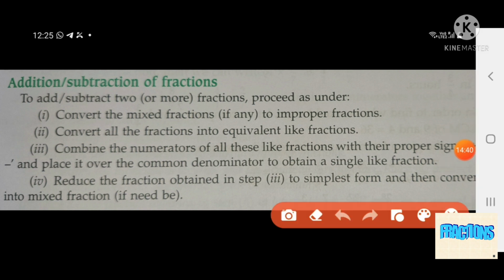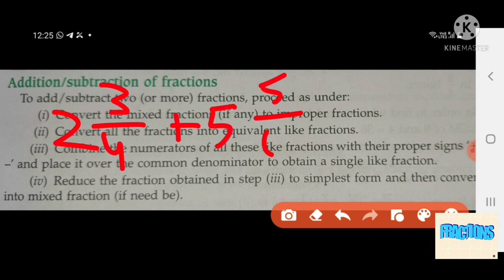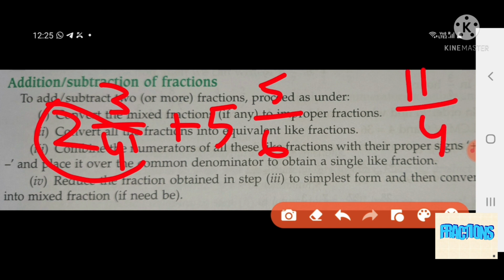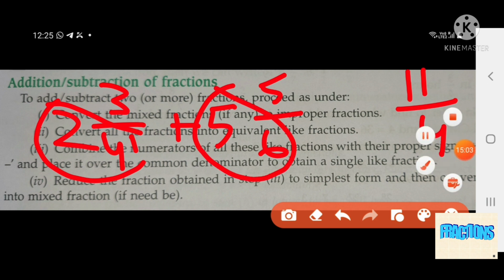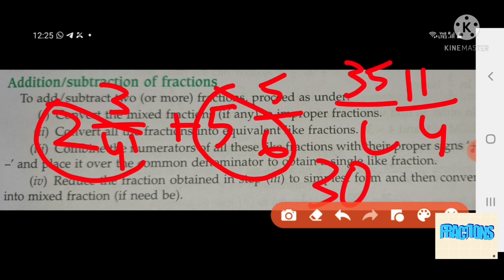So I am giving you, it's very simple, plus 5 upon 6. If we multiply this, the answer will be 8, and 8 plus 3 is 11 upon 4, and we multiply this, then it will be 30, 30 plus 5 equal to 35 upon 6.